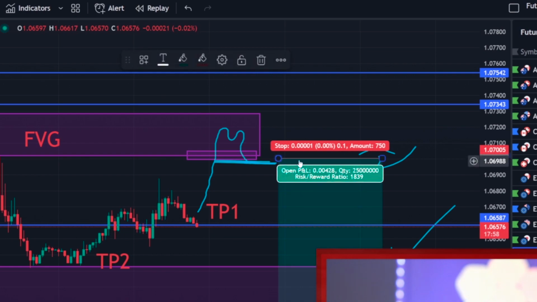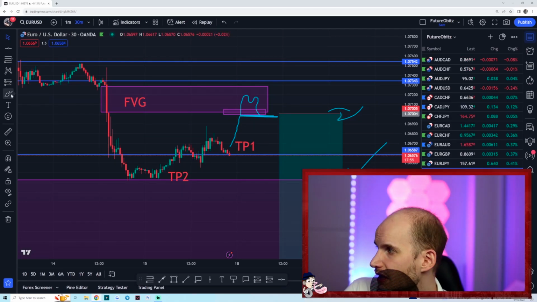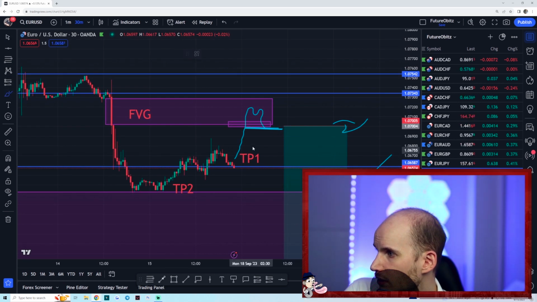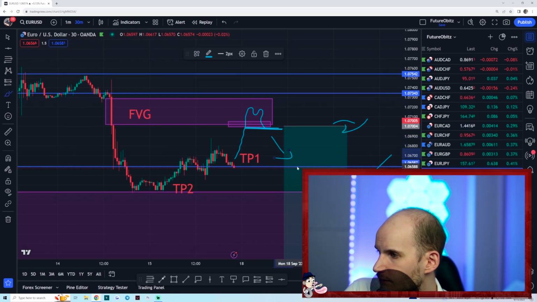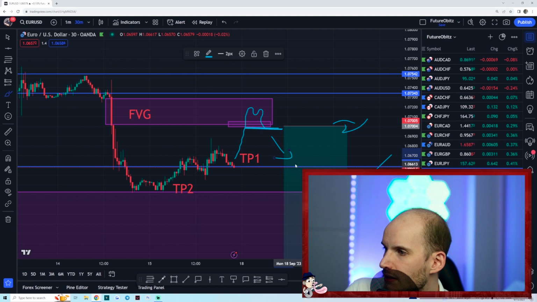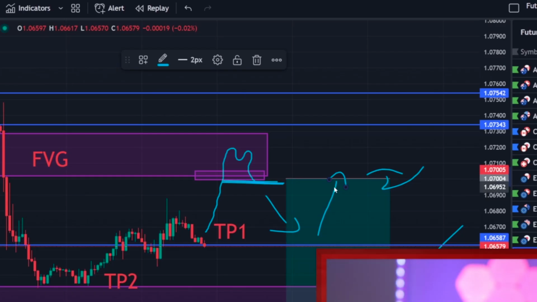So I would move it to about here, which means if price comes down to my TP1 here, like that, and then bounce back up here and hit here, then I haven't lost anything.